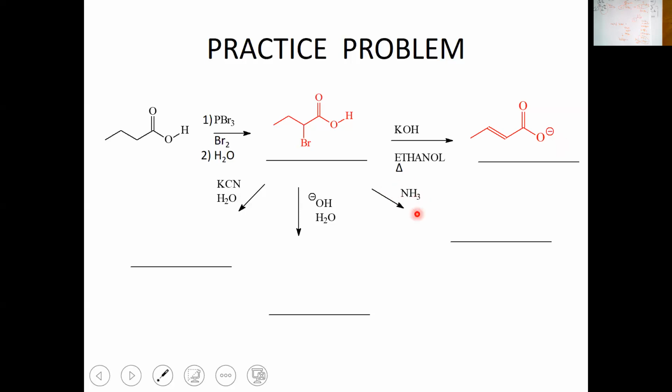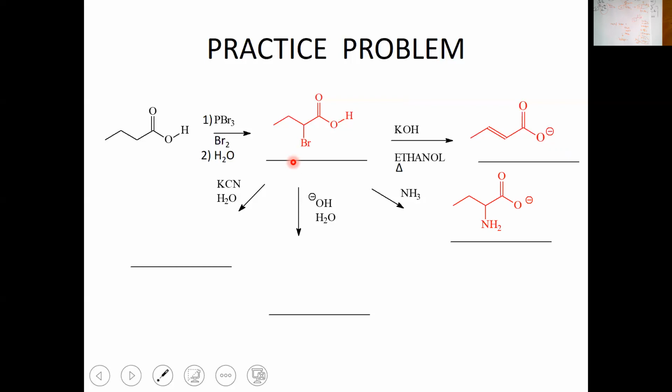Okay, next. Alkyl halide, that's secondary. Anionic? No. This one, meh, it would maybe do SN1. It would maybe do SN2, but it's definitely going to do substitution rather than elimination. There's our substitution. It's also a carboxylate because ammonia, nitrogen, amines are bases.